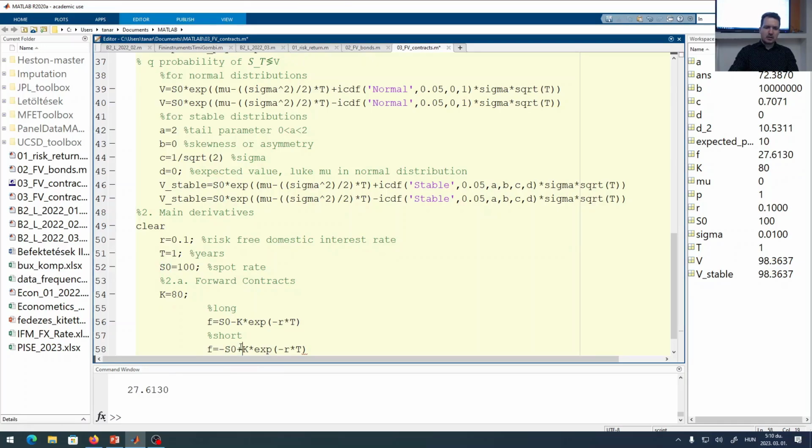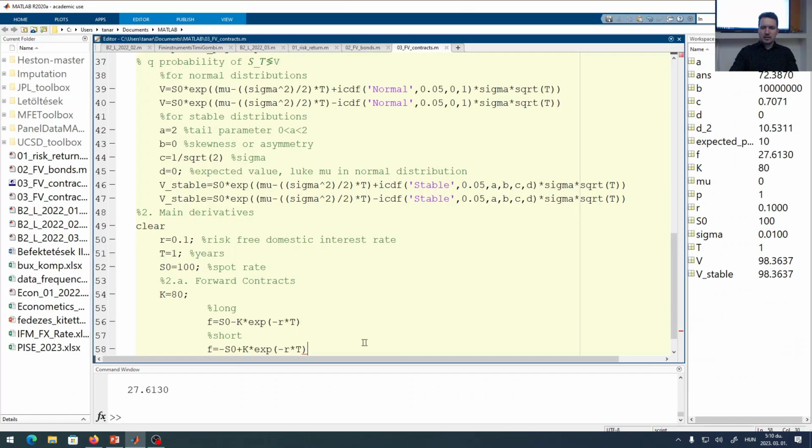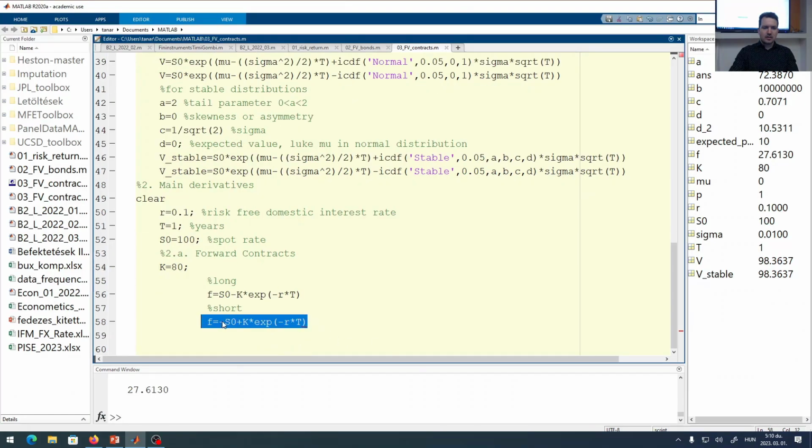This one is minus, this one is plus. And that's all.